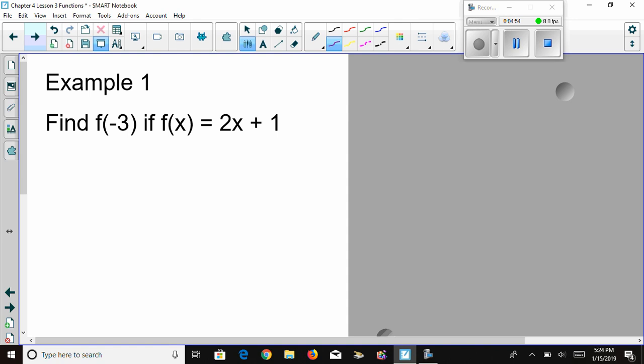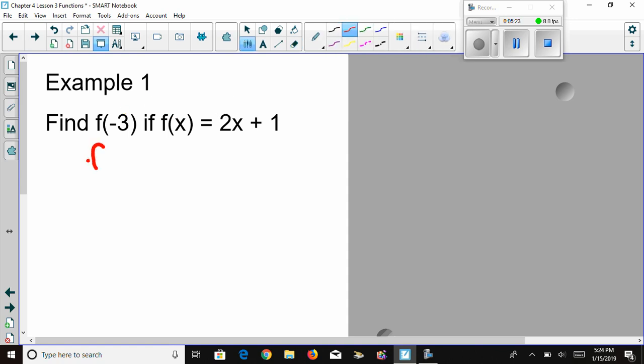So what I want to know is, what does the function equal if I plug in -3. So this -3 is going to go inside where I see the x's. So I'm going to write the following.